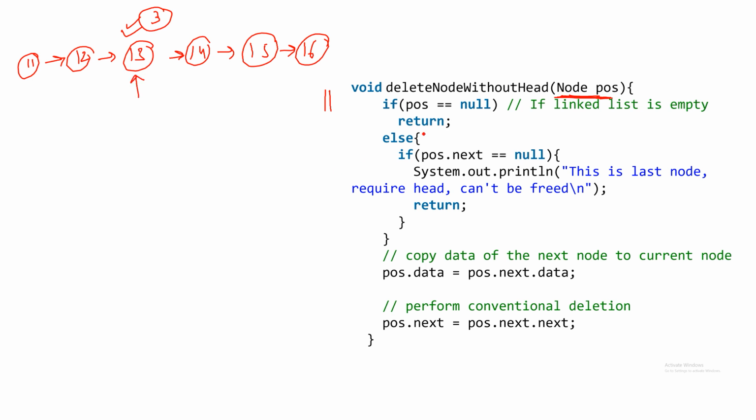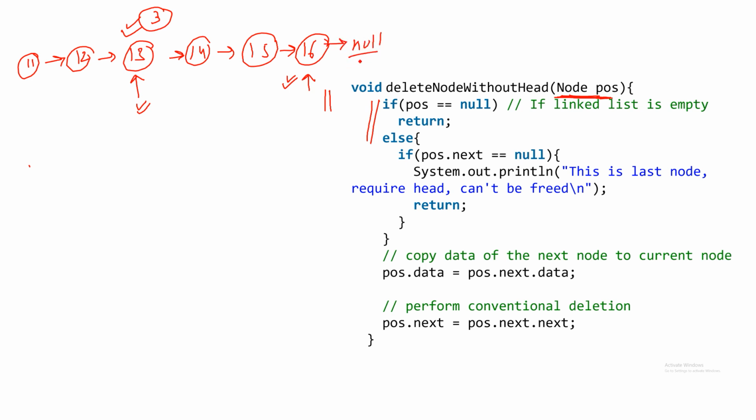Now, just assume that this is a corner case: if the node which is given to us is null, basically it means you don't want to delete anything, right? And if this node's next is null, there is one more condition. Just assume that instead of deleting this node, you want to delete this node having value 16, correct? So if you want to delete this node, you cannot delete it because this next is pointing to null, right?